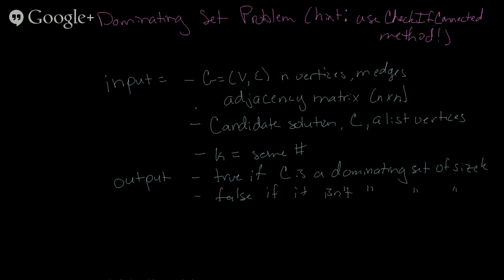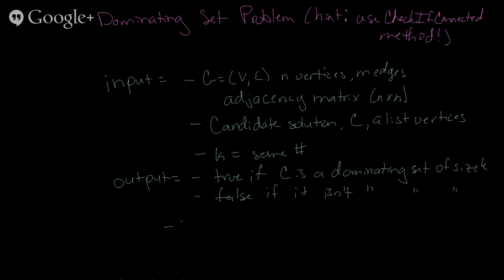Now, I've given you this. Think about what you need from there to make a verification procedure for the dominating set problem. When you look at a potential solution to the dominating set problem, what do you need to look for?